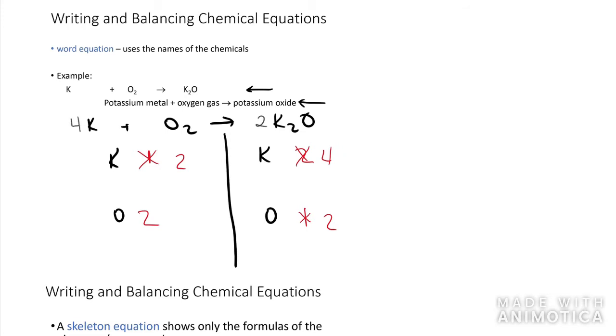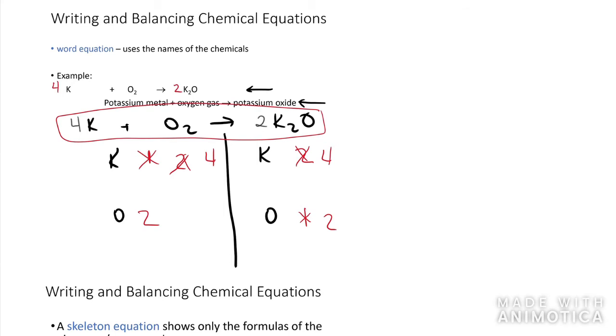So if I change that to a 4, this number goes from our original 1 potassium up to 4 potassium. So we have 4 potassium, 2 oxygen, 2 oxygen. This is our balanced equation, which on another worksheet you may have to just fill in the blanks.